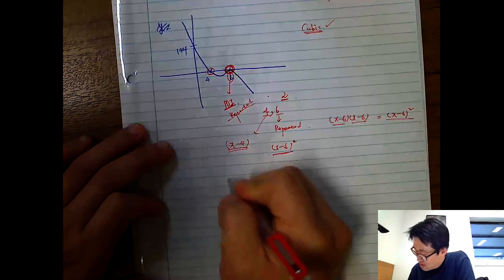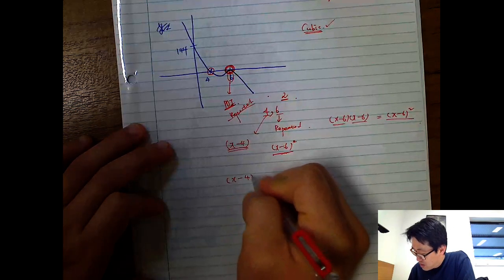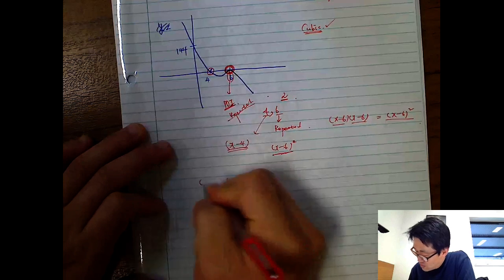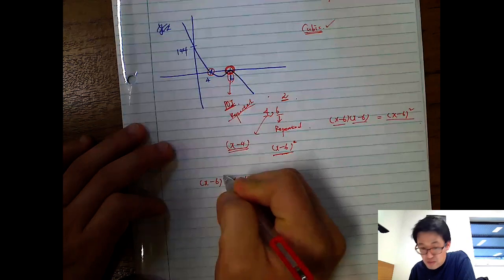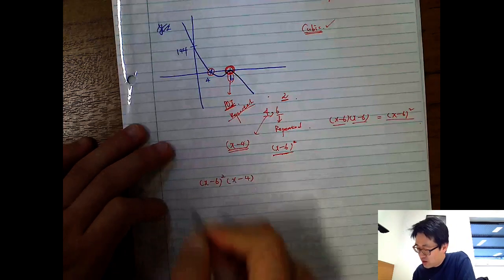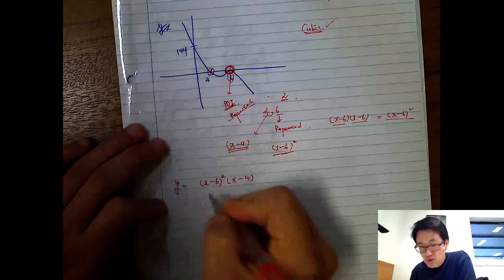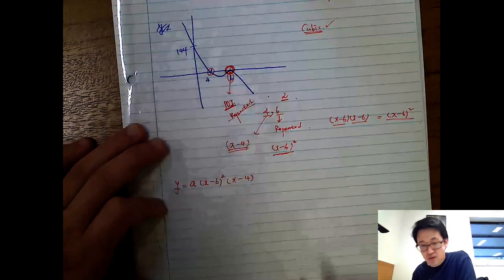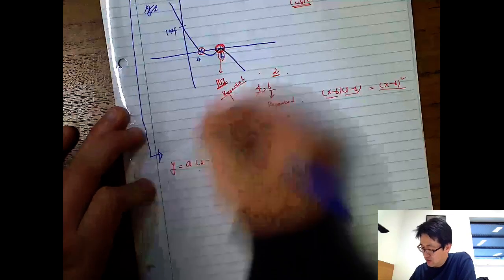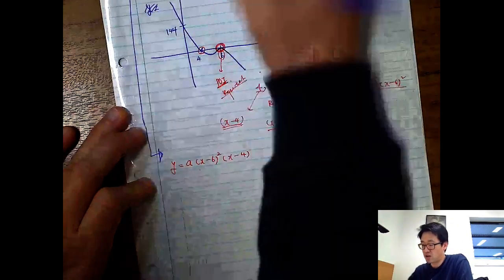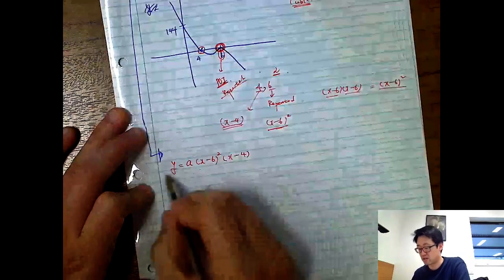So I can write x minus 4, x minus 6 squared, you usually write it at the front, doesn't really matter though. Y equals, do I know any dilation factor? Don't know. Where do I get that? From here. I just figured out what D and E are. That's simple enough here.